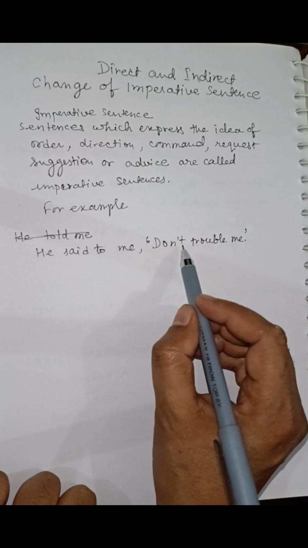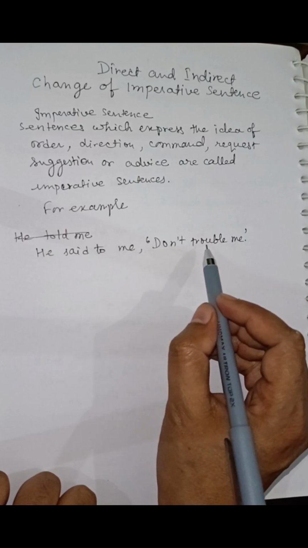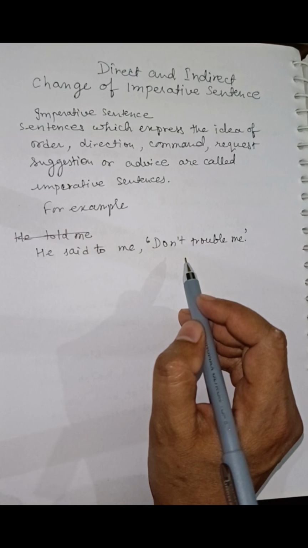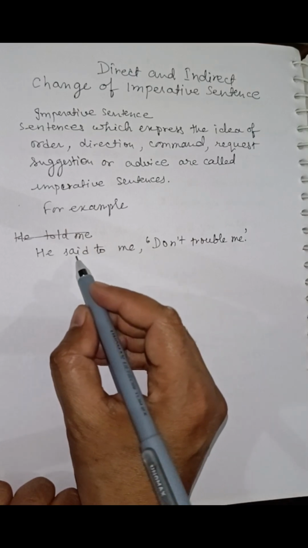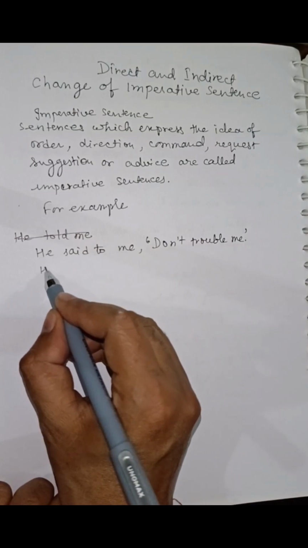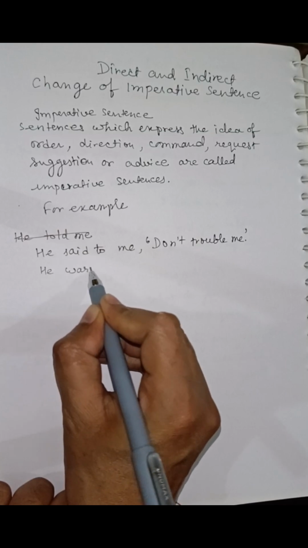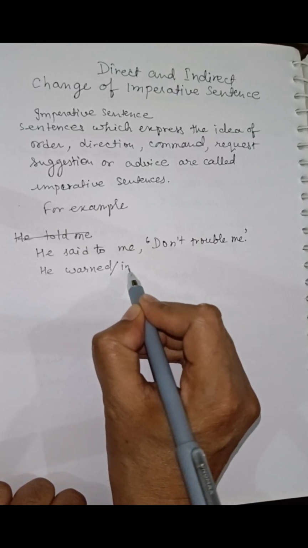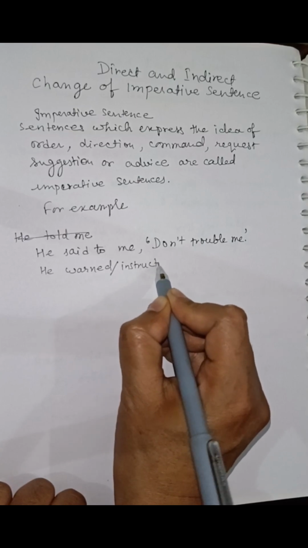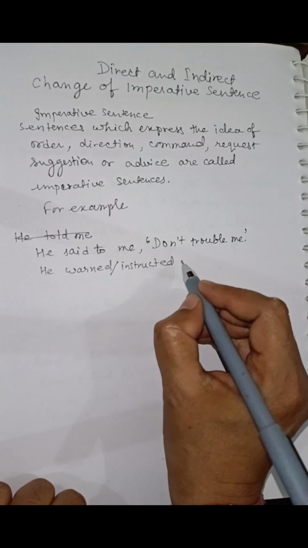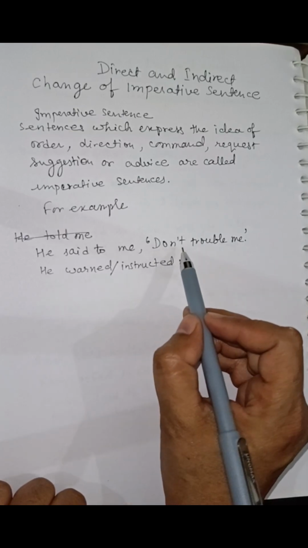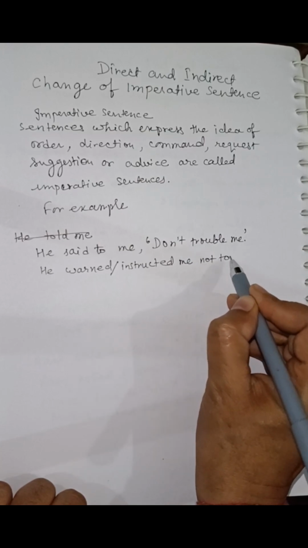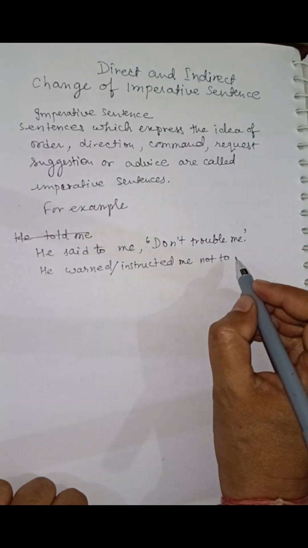Though we know that it is an imperative sentence, it indicates some kind of warning, some kind of instruction. So we will write in place of said to, he warned, or we can also write instructed me, and don't will be changed into not to trouble him.